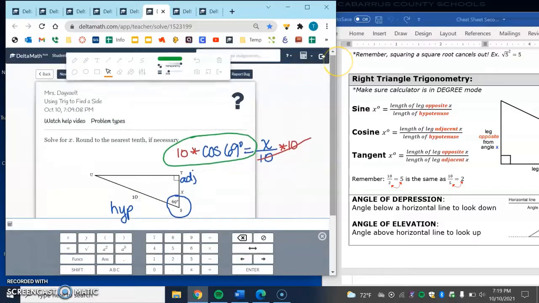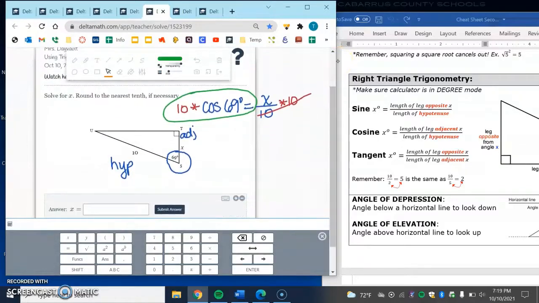So when I pull up the Delta Math calculator, I'm going to type in 10 times, and you actually don't even have to put that times there. I'm going to go to functions. Now, remember, make sure your calculator or Desmos or this calculator says degree and not radian. And then I'm going to type cosine.